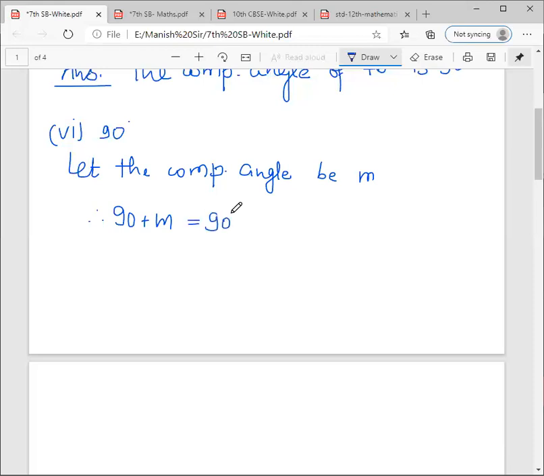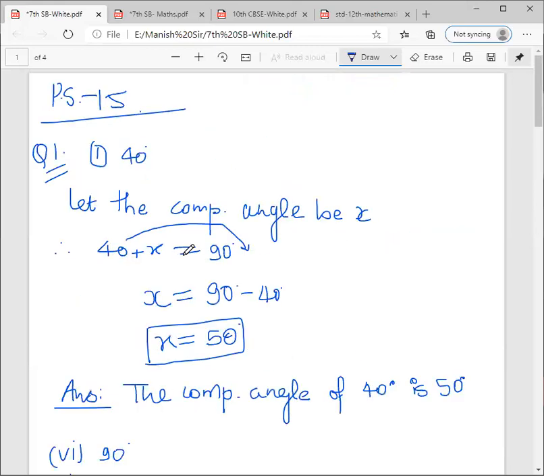One more thing you can do. Whenever you write the step, you have to mark a line in this way and write inside a bracket the reason. This step is possible because of the complementary angle.